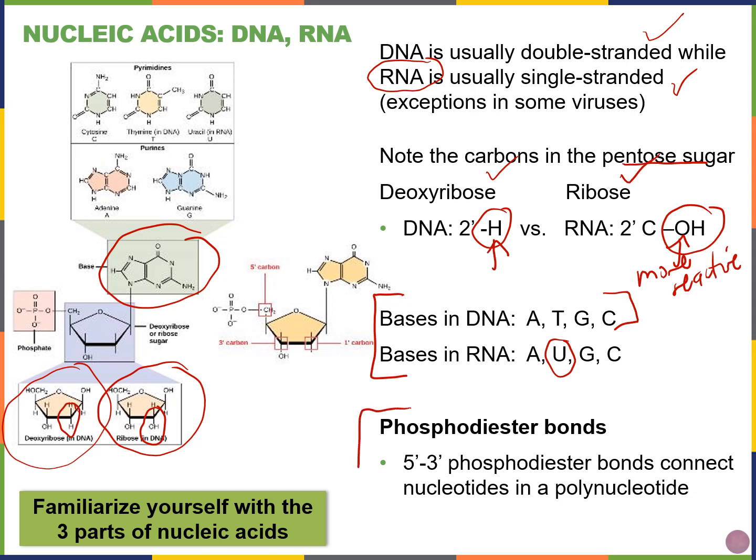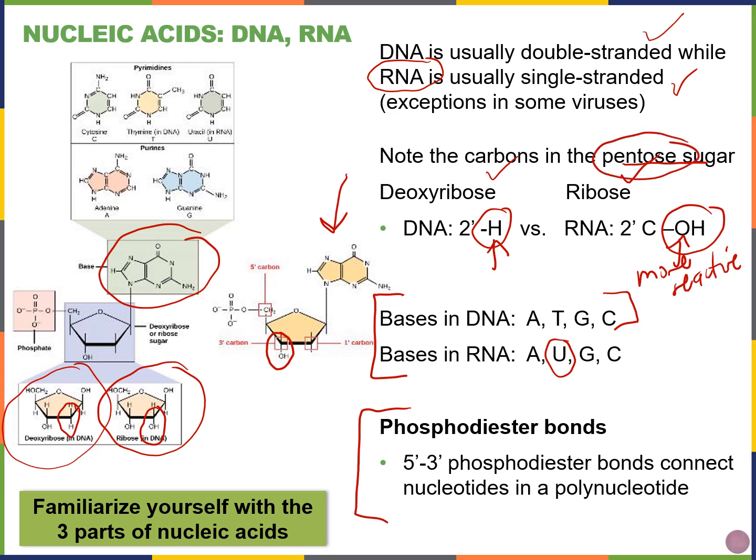Last note here, it's not really a difference, but whenever you're building a polynucleotide using these nucleotide monomers, you're going to be adding nucleotides to the growing chain by adding on to the 3' end of the pentose sugar over here.